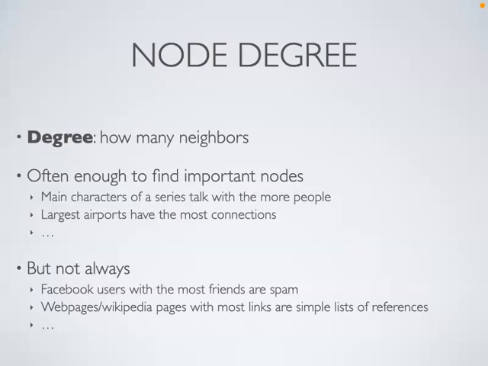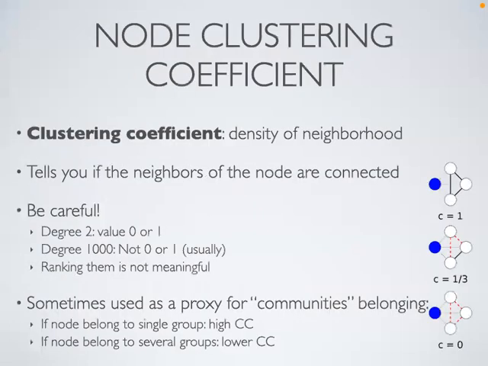Maybe these pages are not the most important in terms of how interesting their content is or how often they are browsed by people. So degree is often a good sign of importance, but you can have nodes with a very high degree that are not that important in the network. So we need to define other ways to characterize the position of a node in the network.